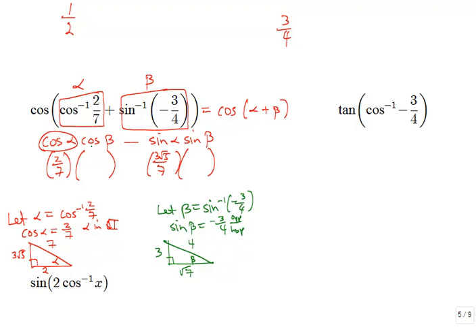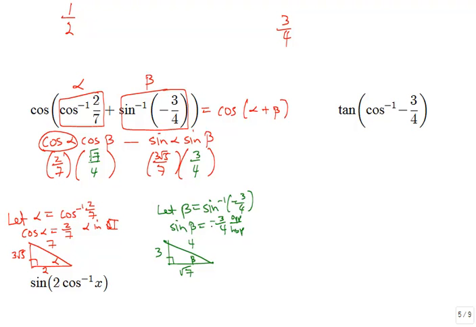So what would cosine of beta be on this triangle? Well, cosine is adjacent over hypotenuse, so √7 over 4. And sine is opposite over hypotenuse, so that was 3/4. But here's where we need to worry about our quadrants and our signs.